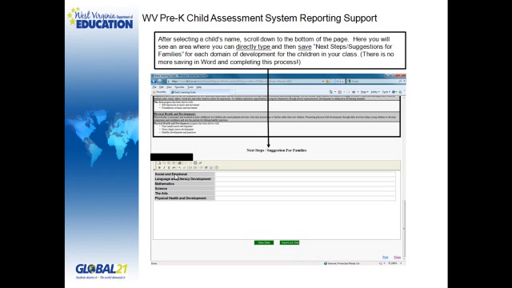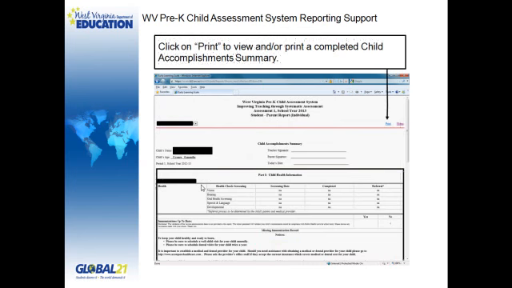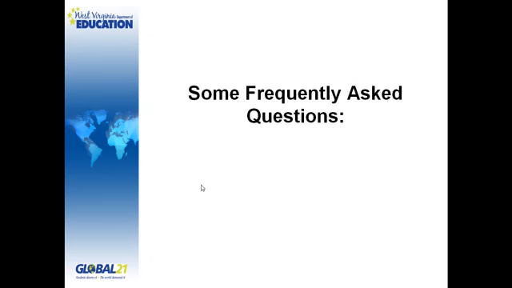That's because they've copied and pasted. So that's not the intent, that any one child would have the same type of next steps. So you could make sure that they're not copying and pasting. That would alleviate a lot of problems. Click Print to view and or print the completed child accomplishment summary, and that's that for each child.